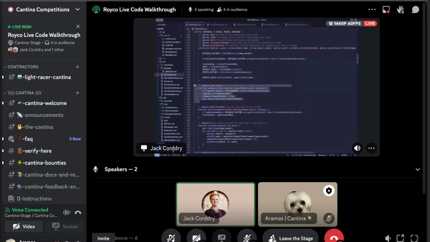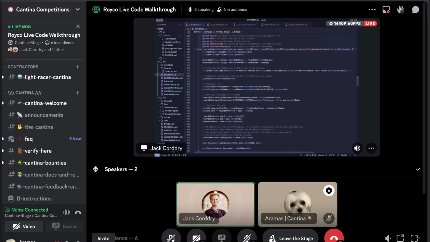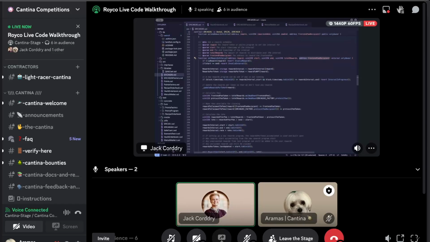And you can also set rewards intervals here by saying, here's a token, here's an address that we're going to do a rewards campaign for. It's going to start and end at this time. We're going to distribute this much. And we also have fees that are set by the front end, which is calling this function.